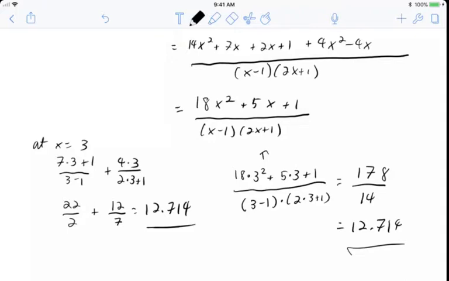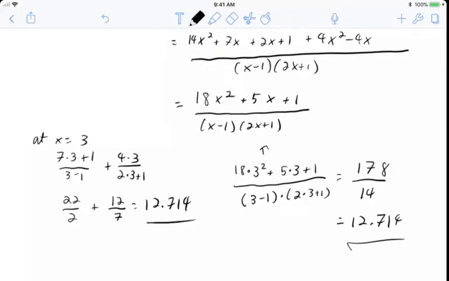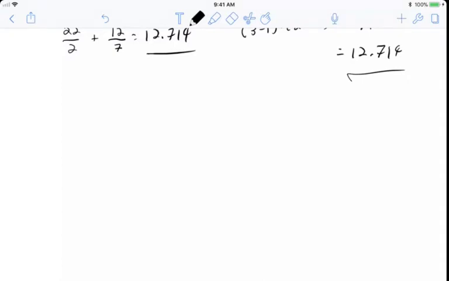Alright, so that's the method. You just have to make sure the denominators match. So to reiterate, if you have one polynomial, p of x, over a denominator, plus another polynomial over another denominator, we'll call it a, what you do is you take this polynomial here and multiply the top and bottom of that one by a.